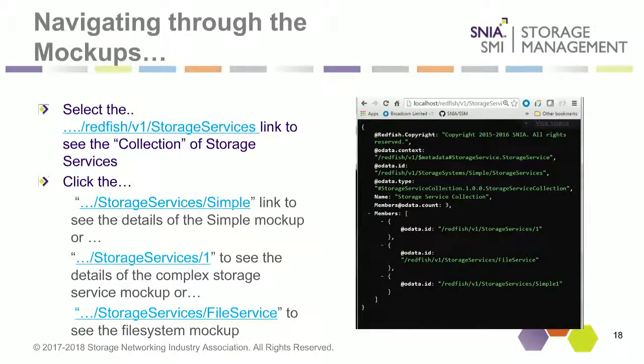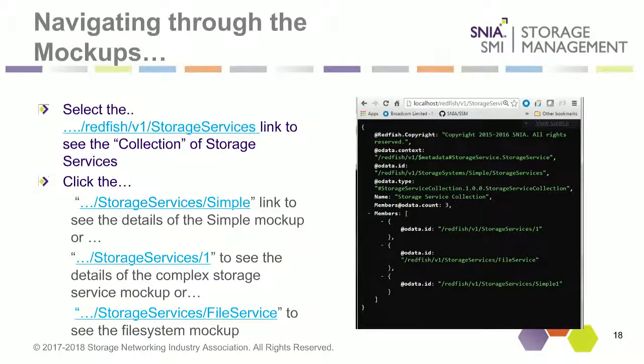And underneath that storage services link, I've got file service as well. So I've got 3 different collections that I can go and use and explore with an API, representing the storage I have, or the mocked up storage I have in this system.